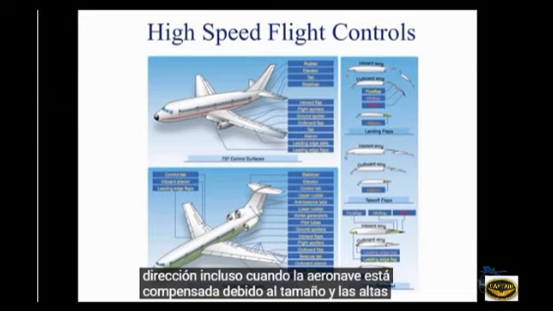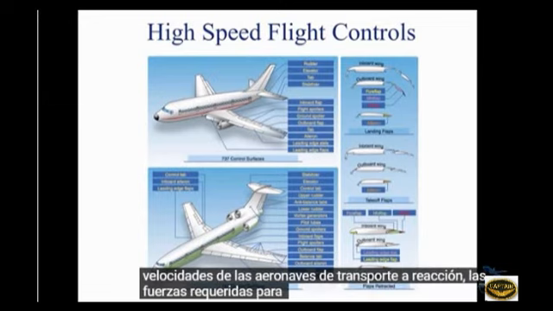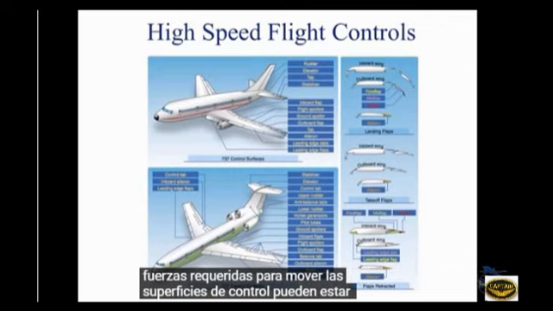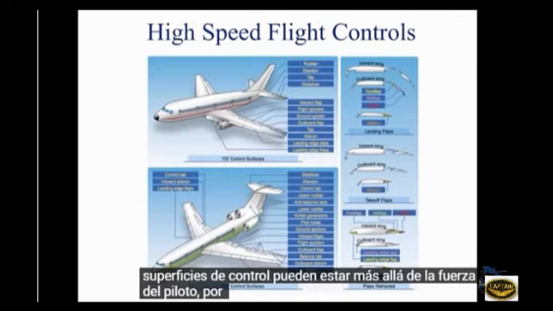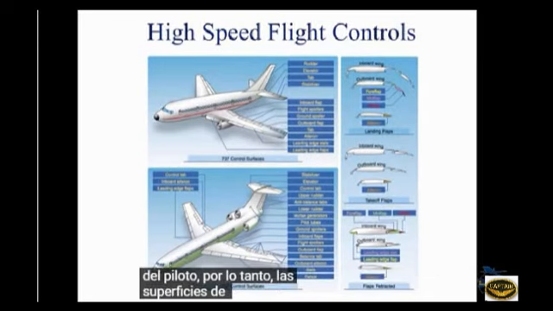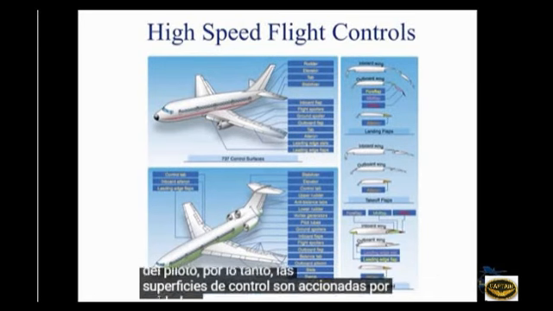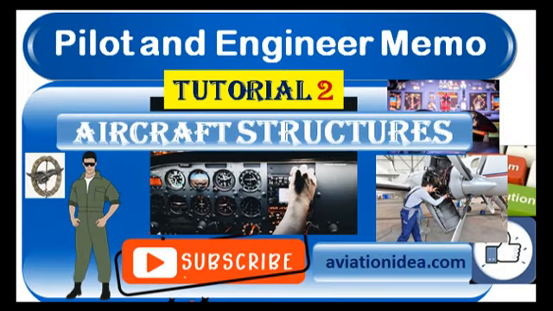Because of the size and high speeds of jet transport aircraft, the forces required to move the control surfaces can be beyond the strength of the pilot. Consequently, the control surfaces are actuated by hydraulic or electrical power units.